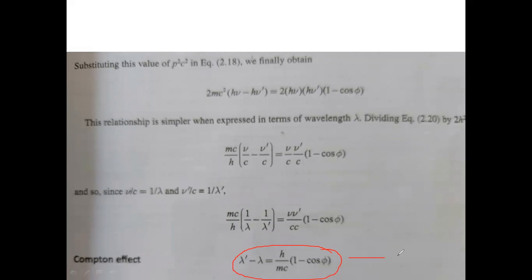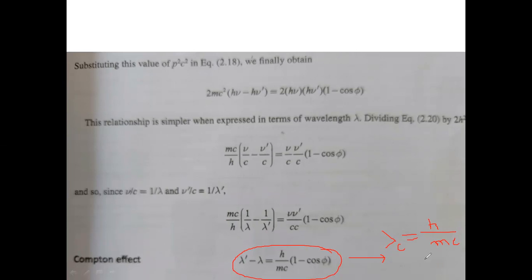The quantity lambda c equals h upon mc, which is called the Compton wavelength for scattering particles. For an electron, lambda c is 2.426 picometers.